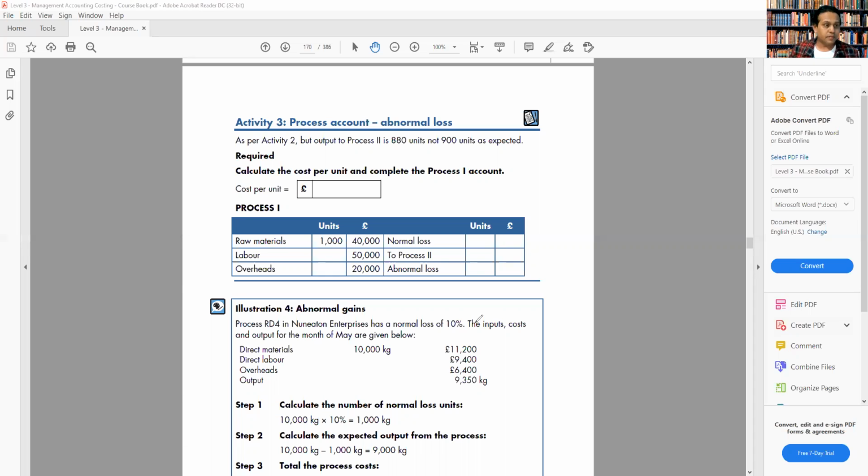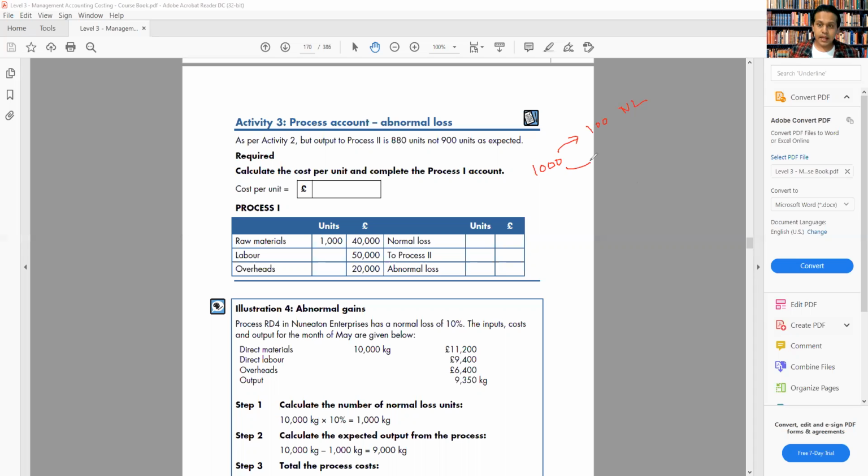Very well done, Paul. Very well done, Daniel. It is not 100, it should be 20 units, isn't it? Out of 1000 units, 100 units we have as normal loss.